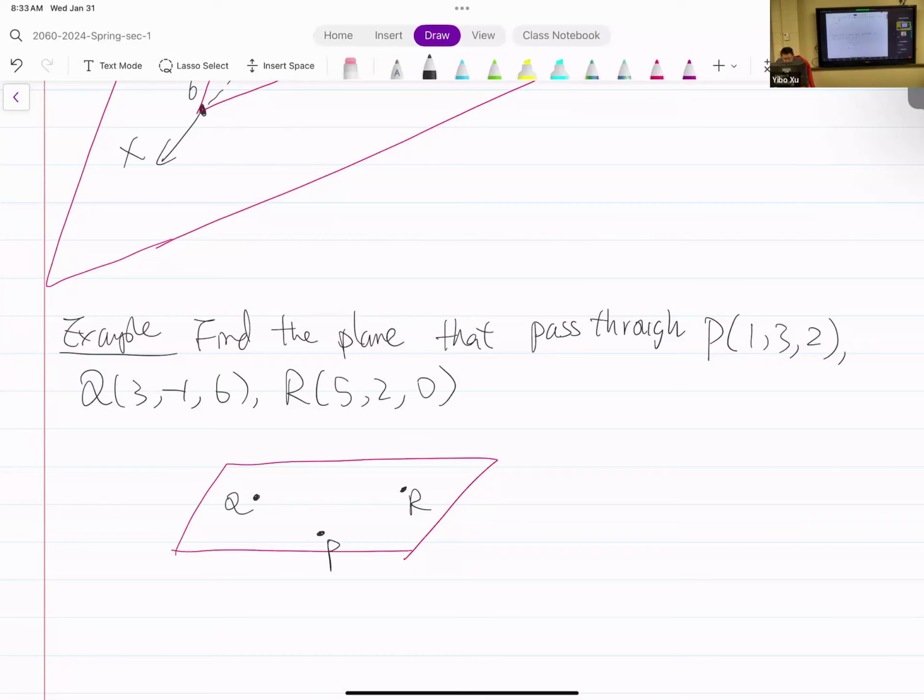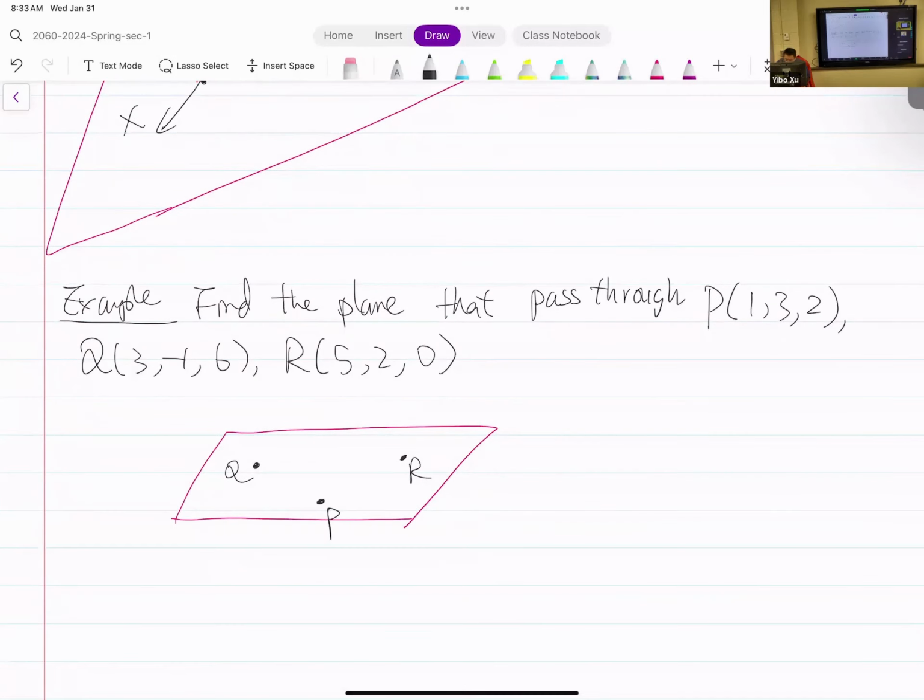So somehow we have 3 points. What we can do is pick a vector and another one, so that's QR and QP. The null vector must be perpendicular to both of these vectors, so you can just do the cross product.